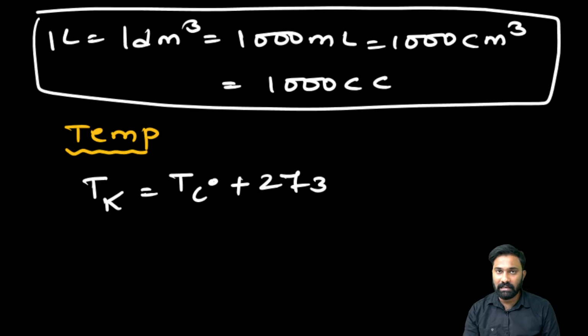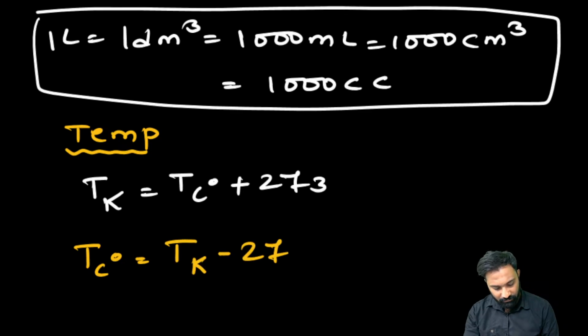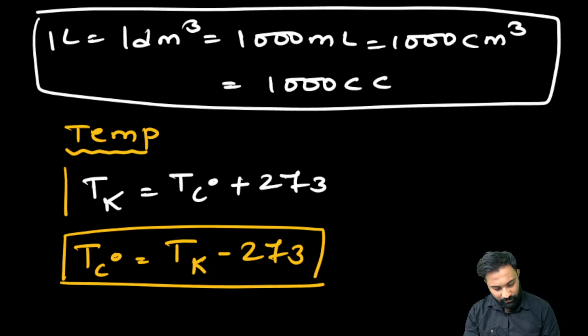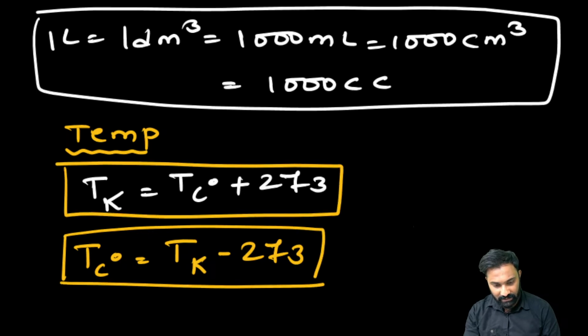If Kelvin is given and they are asking in degrees Celsius, temperature in degrees Celsius will be equal to temperature in Kelvin minus 273. Then you will get the temperature in the degree scale.